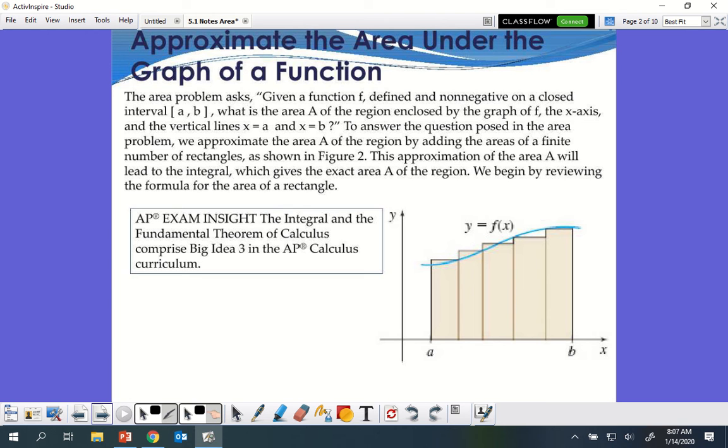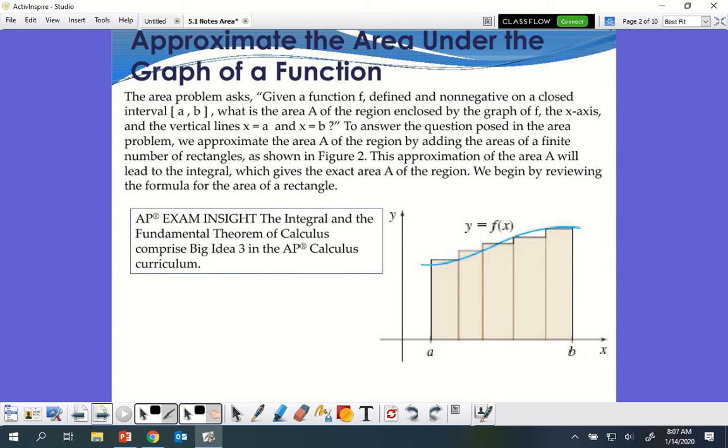And then we have the definite integral, which would be from one point to the other. So where do I start? When do I stop? That's it.